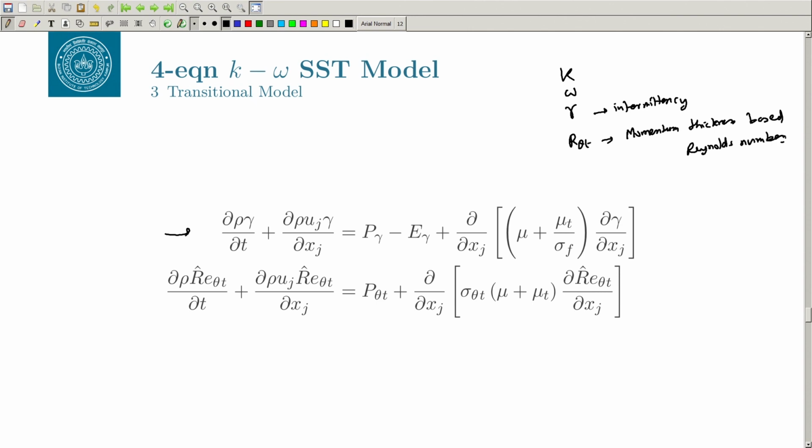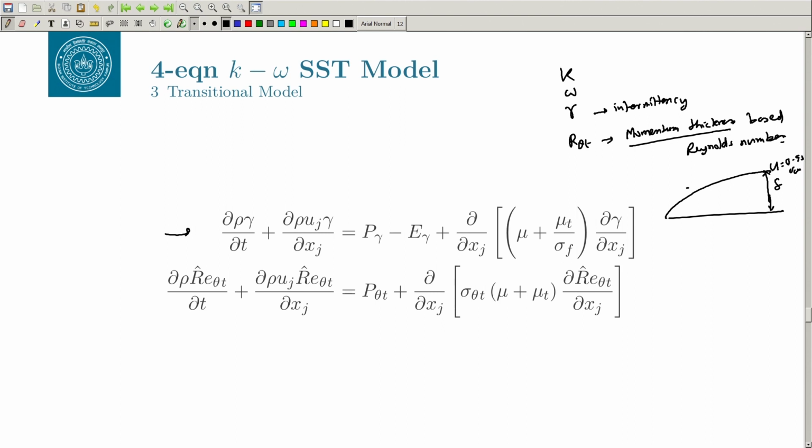I suggest that you read about this momentum thickness. If you have a boundary layer like this, you can define the thickness in many different ways. One is of course the boundary layer thickness delta, where you say that u is equal to 0.99 or 0.9 or 0.95 of u infinity.